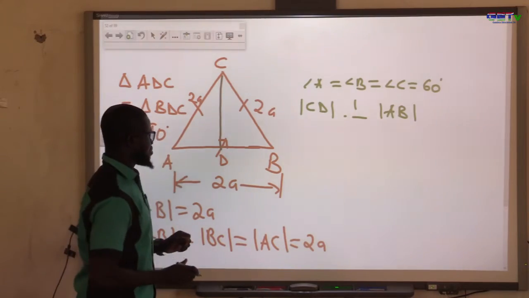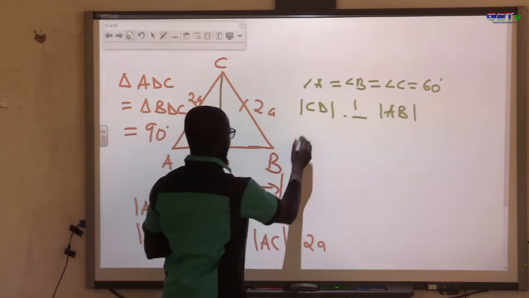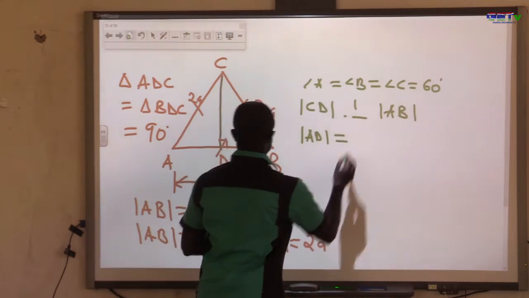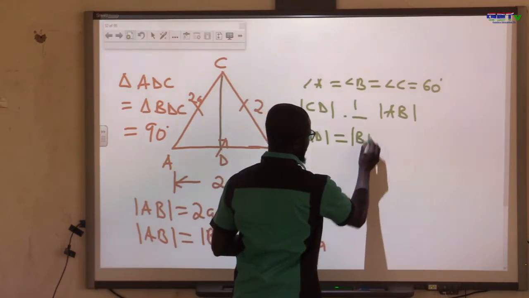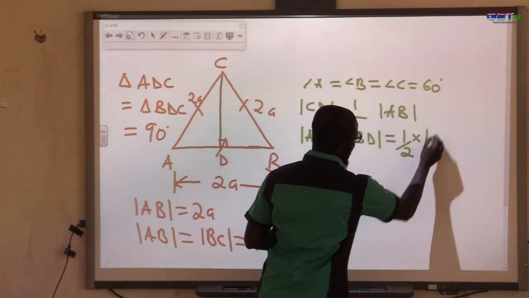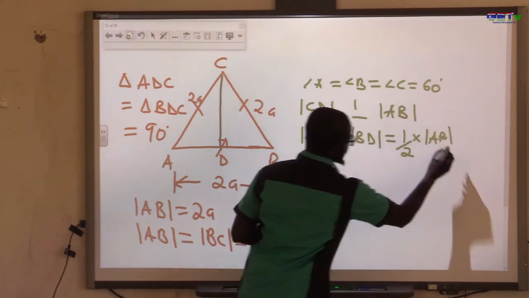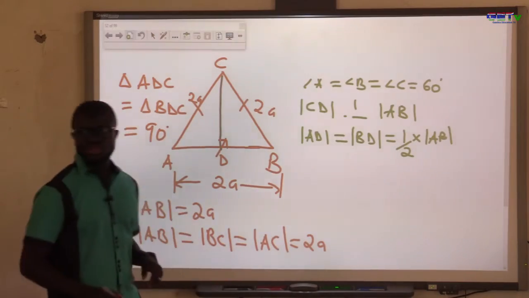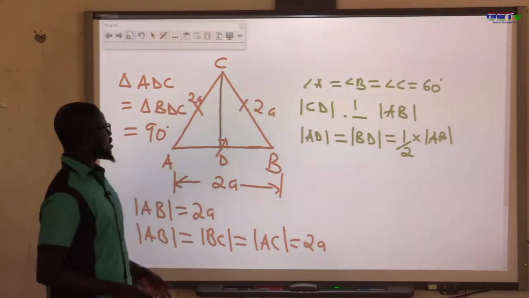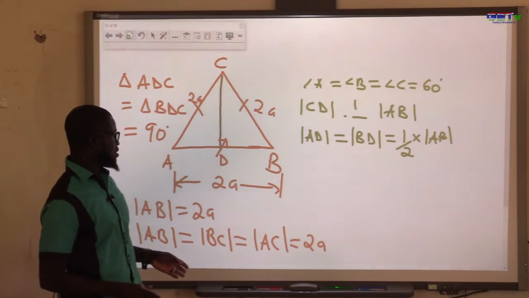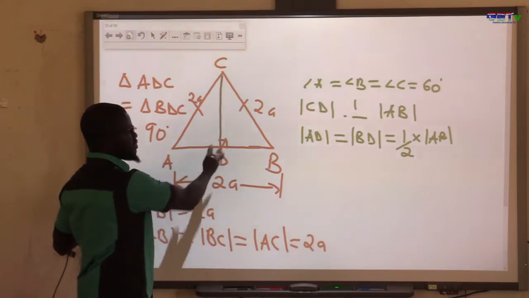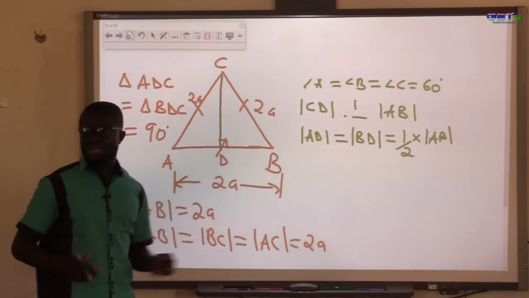From the same diagram, we can see that line AD equals line BD equals half times line AB. Meaning, the perpendicular bisector, which is line CD, is able to what? To divide line AB into two equal halves.